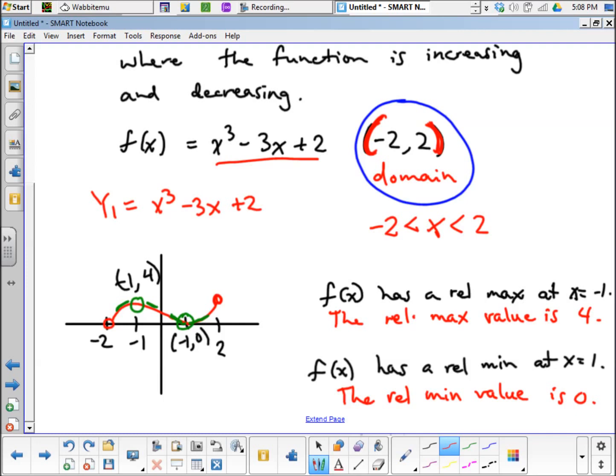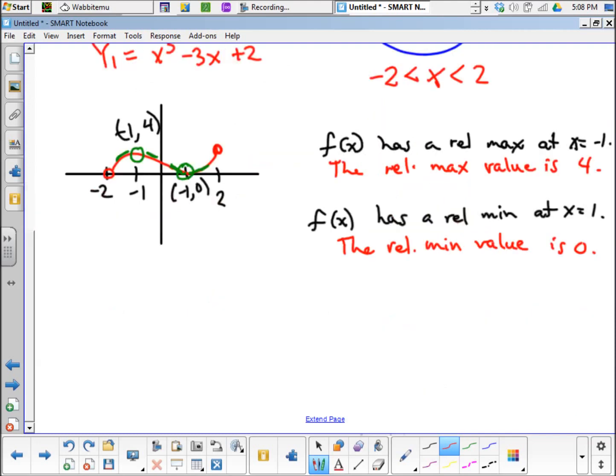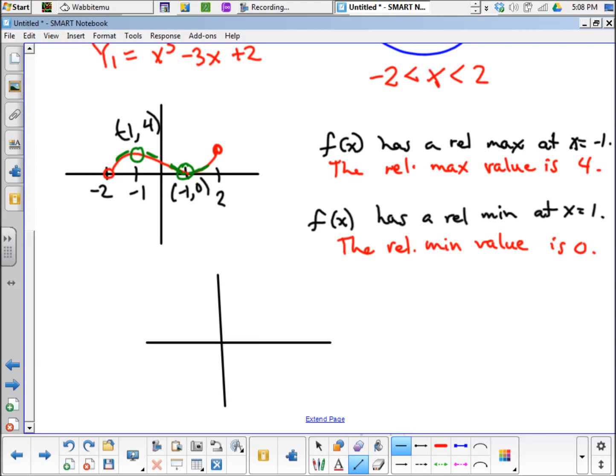Okay, I also just want to say one other thing. There can be more than one rel max and more than one rel min on a graph. Okay? So if you have a graph that's more complicated, you don't have to do this example, but if you have something that has multiple peaks and valleys, right?